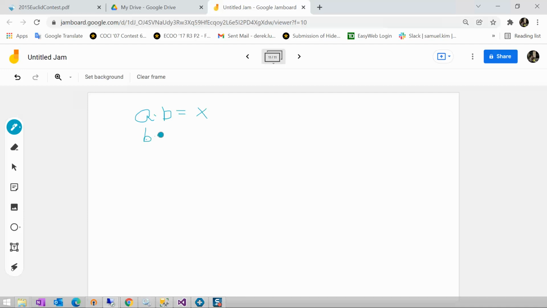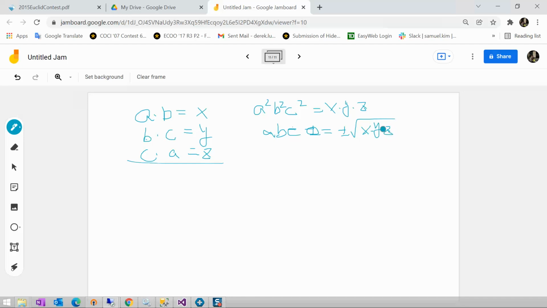B times C will equal Y. C times A will equal Z. Right? So the answer will be solved. This one will be A square B square C square equal to X times Y times Z. Generically like this, ABC will be equal to plus minus root XYZ, right?